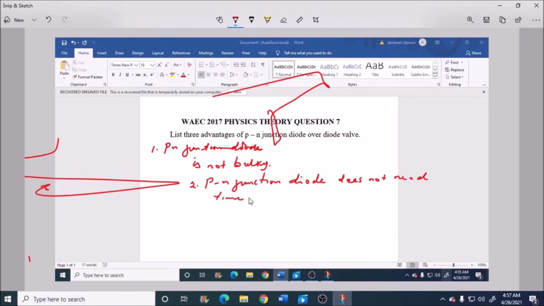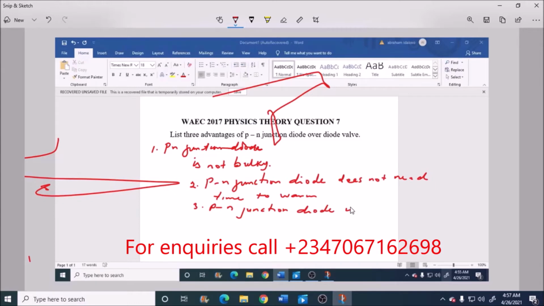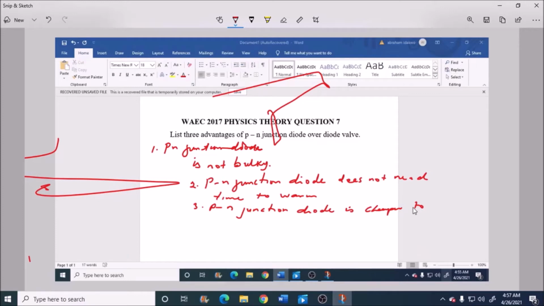Then number 3, the PN junction diode is cheaper to manufacture in large quantities.